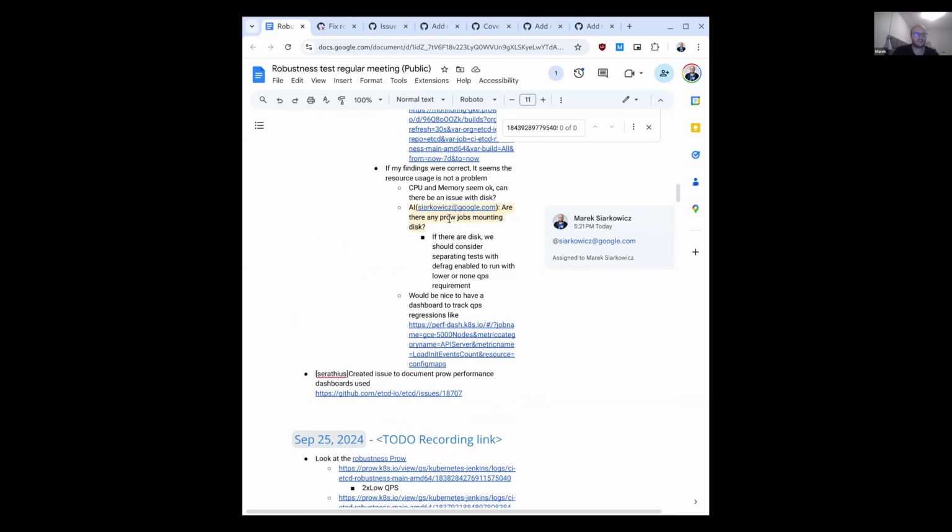So high level, the goal would be that I will take a look and maybe ask other people if there is a solution with disk. If not, I will try to lower the QPS amount. I would want to do it myself because changing QPS means you need to change scenarios, and changing scenarios is not easy.